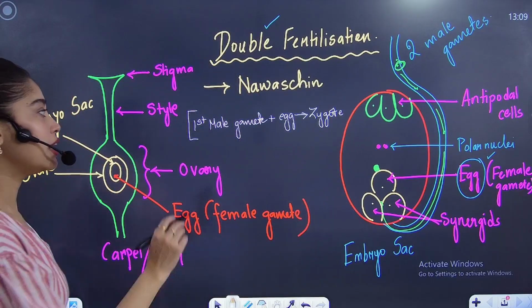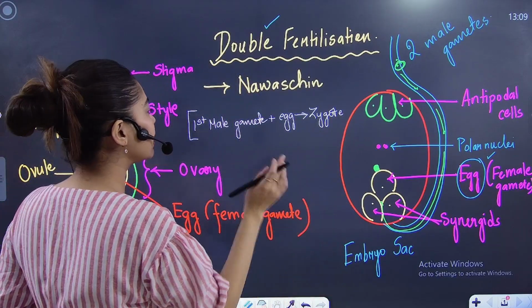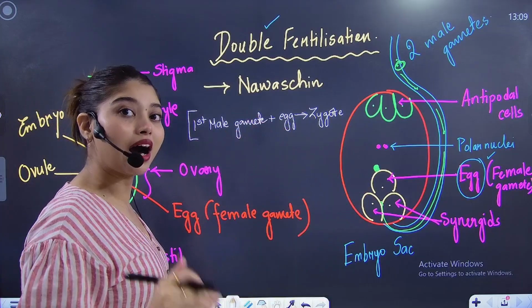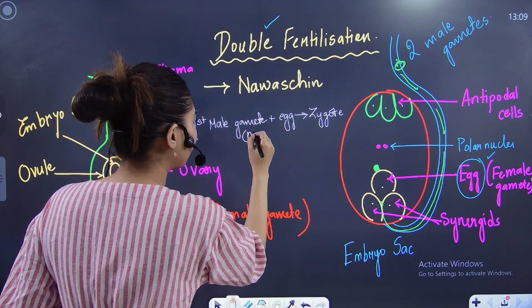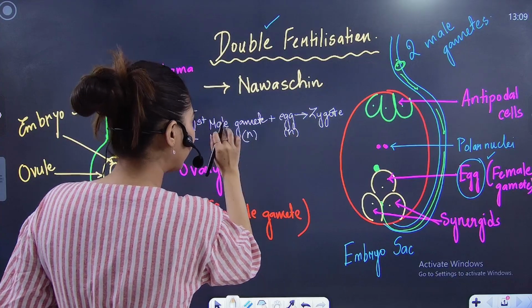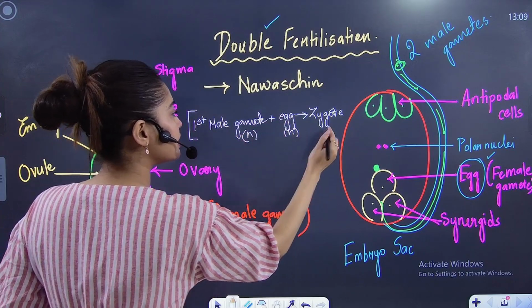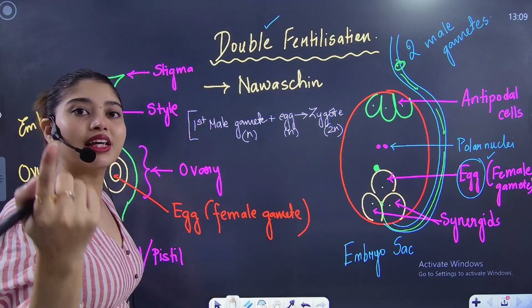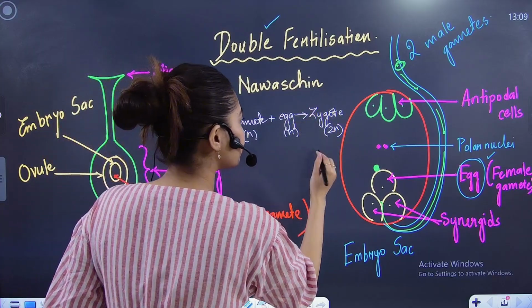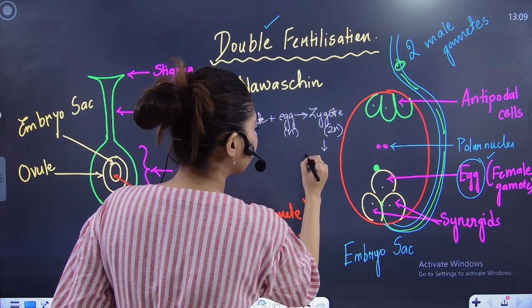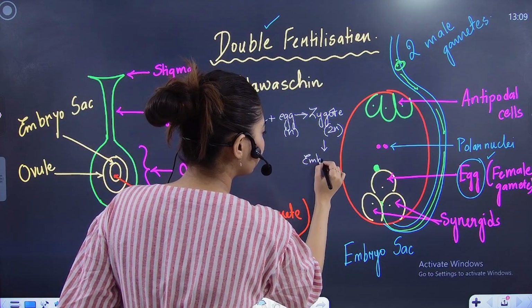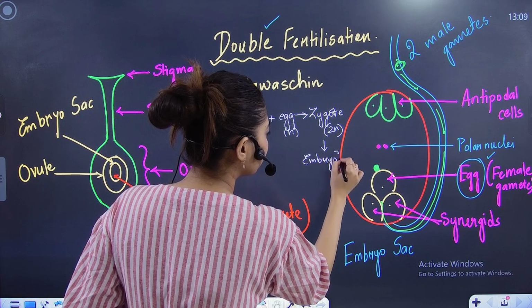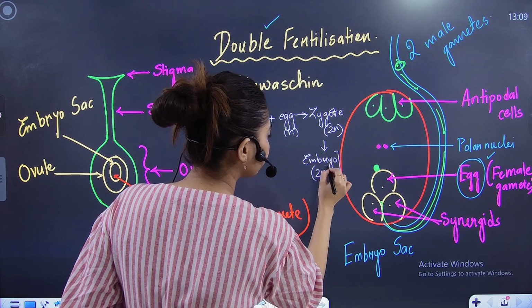Clear? Now we know the chromosome set in gametes is always half, that is N. It is haploid. N from male, N from female. So N plus N, the resultant structure, that is the zygote, will be twice N, that is diploid. This zygote will further develop into the embryo, which is again a twice N structure.